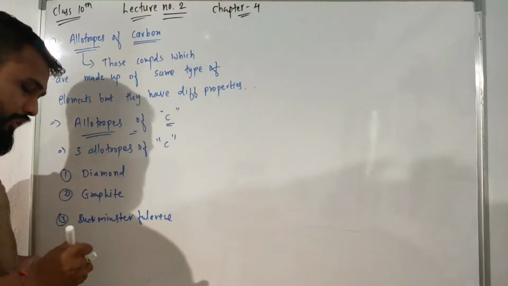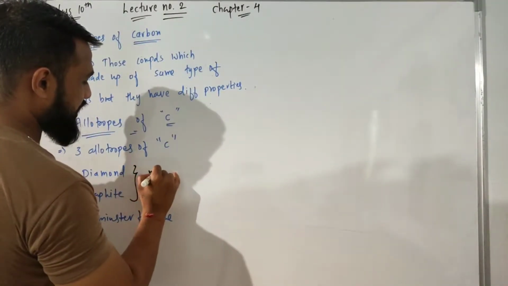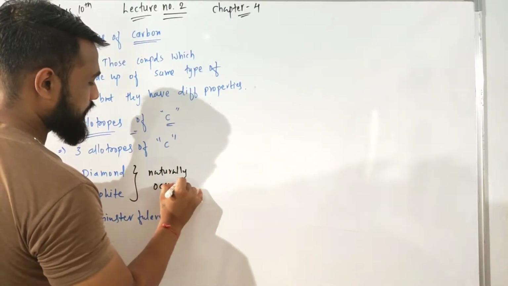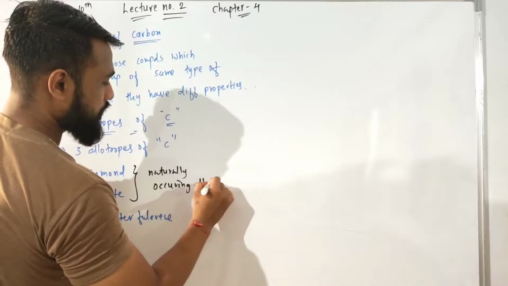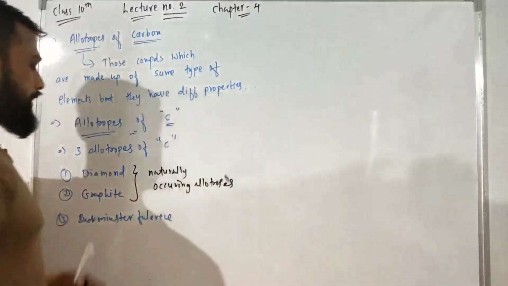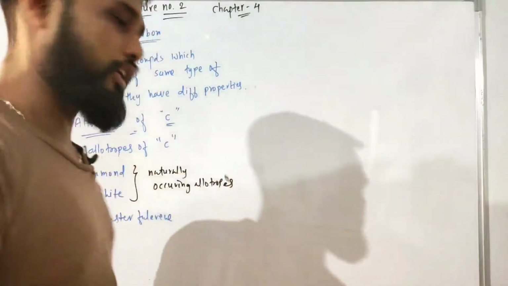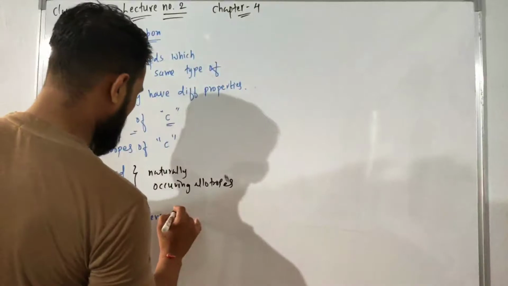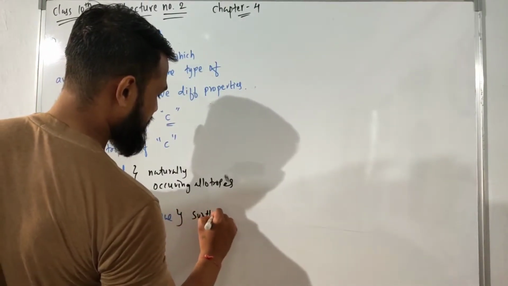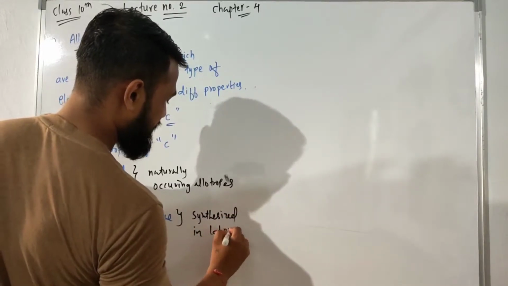Mainly the difference is that these two are naturally occurring allotropes, they exist naturally, but this Buckminster fullerene is synthesized in the laboratory.